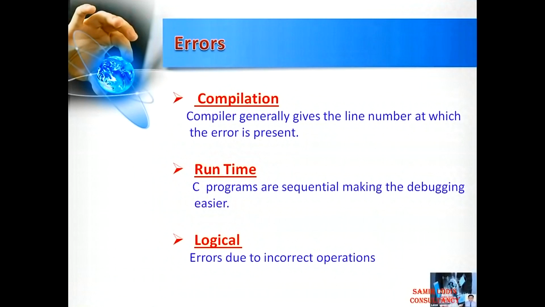Runtime error occurs at runtime due to an illegal operation performed in the program. Logical error occurs in the output of a program due to incorrect operation performed inside the body of a program. So these all are errors.